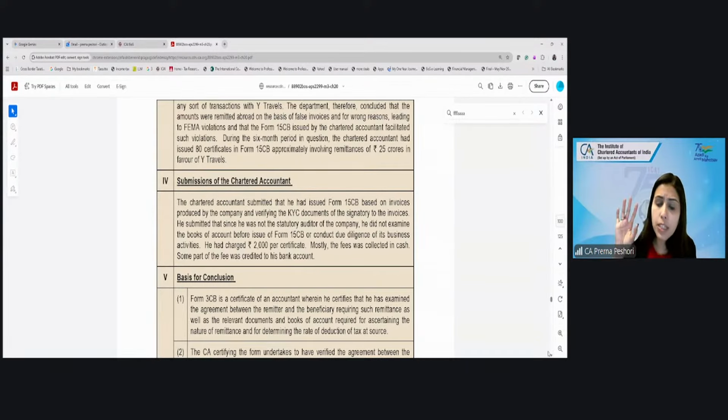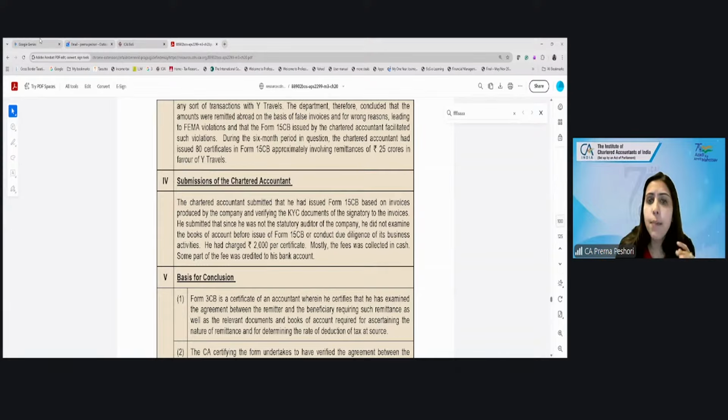So, Form 3CB is the tax audit report, right? Where you examine the entire tax audit aspects. But Form 15CB is just a remittance certificate where you look into the contract, the invoices, and examine whether there is an agreement between the remitter and the beneficiary requiring the remittance.